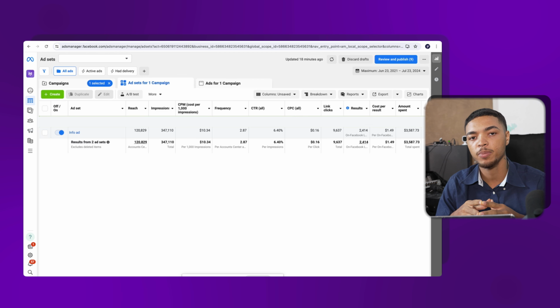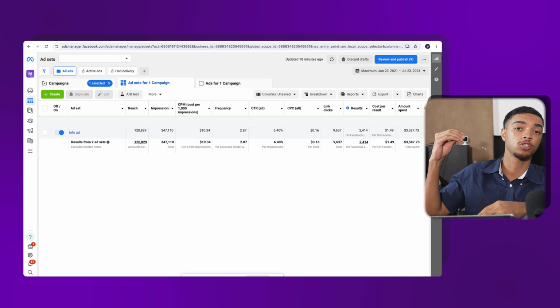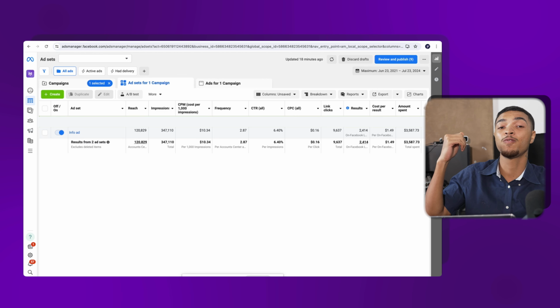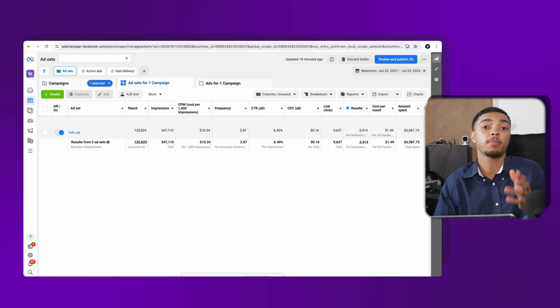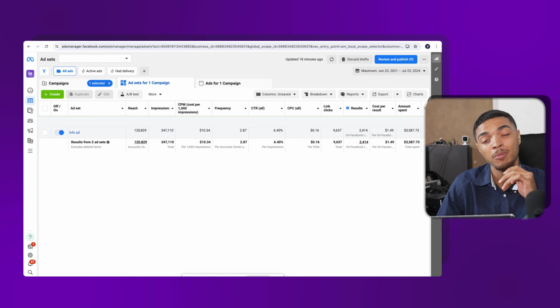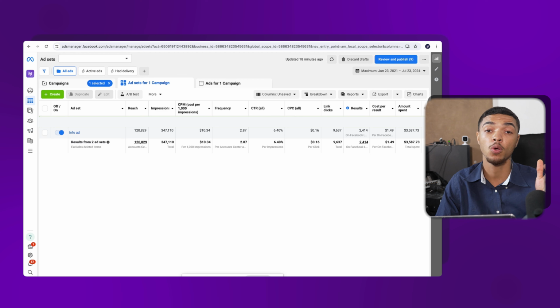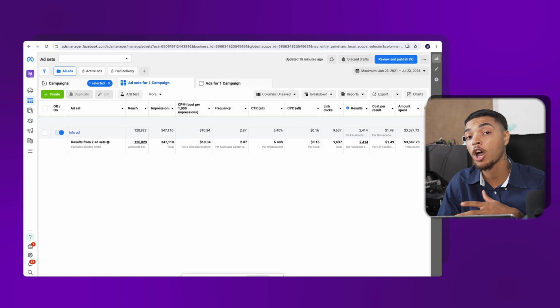If your CPC is very, very low, but then your cost per result or cost per lead is very, very high, that means the first impression is doing good because you're getting people to click. But then when they go to your form, for example, it might be too complicated. You might have too many questions on it. They might click off.